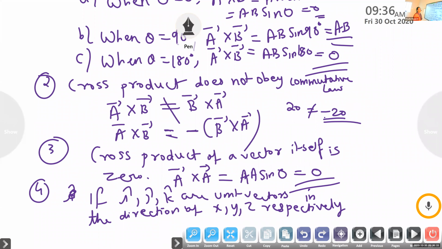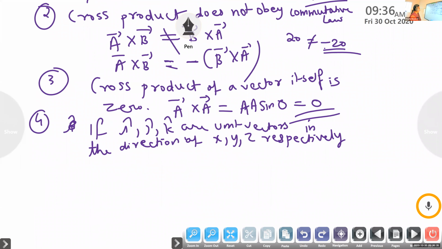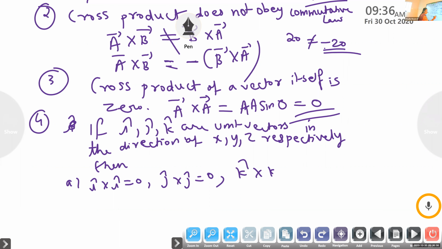Can I change the slide, children? Okay, then I will write. First we will write i cross i. Already it is written, A cross A is 0. So the same thing is happening. So i cross i is 0, j cross j is 0, k cross k is 0.